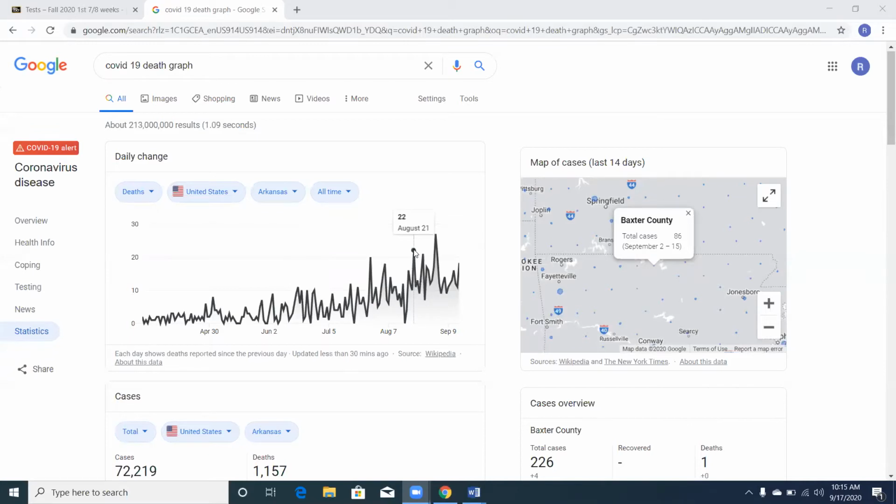Okay, so for this coordinate, now the day is August 21st, so it's going to be 31 days in July plus 21 days, so it's day 52 if we started on July 1st. And on day 52, we had 22 deaths.